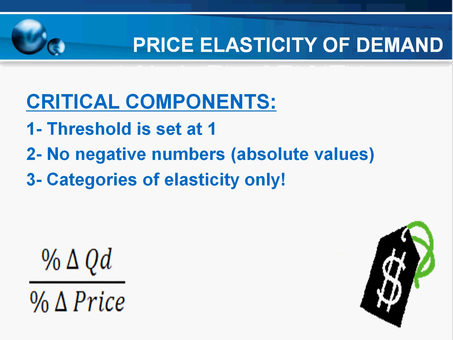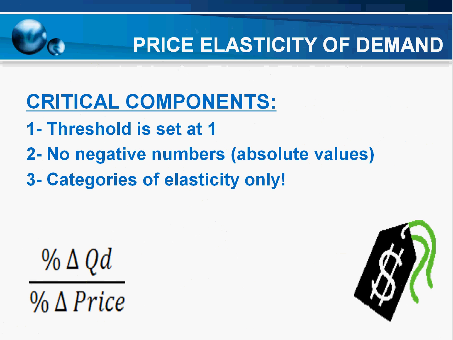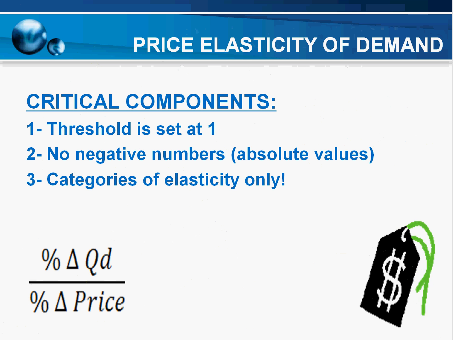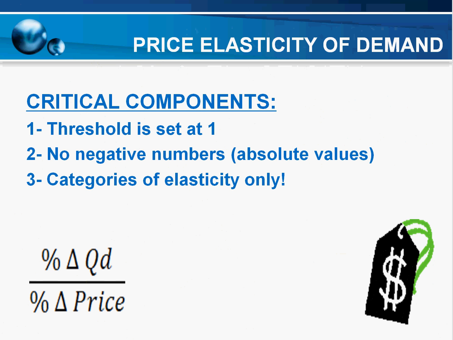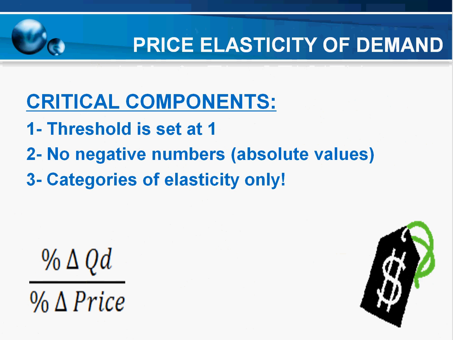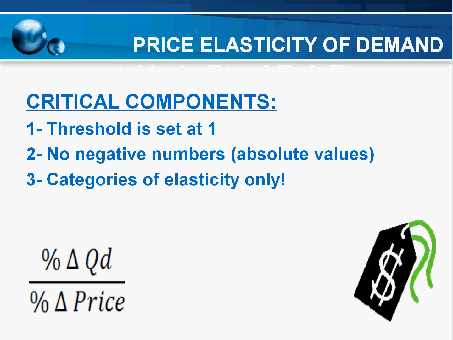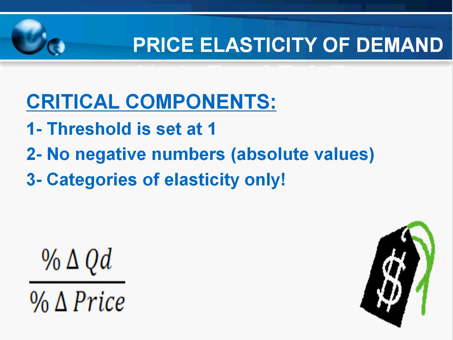Economists know and believe wholeheartedly in the law of demand. Accordingly, the negative sign is not interesting to economists. What is interesting, rather, is the degree to which quantity demand fluctuates. Accordingly, you will never end up with a negative number because we take the absolute value of any coefficient that results from the price elasticity of demand equation.